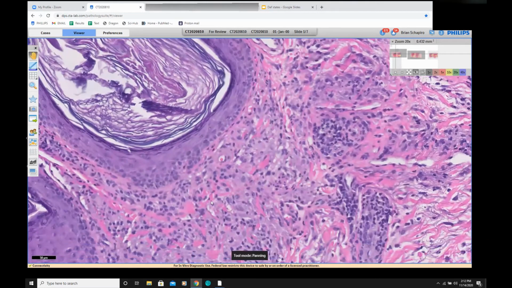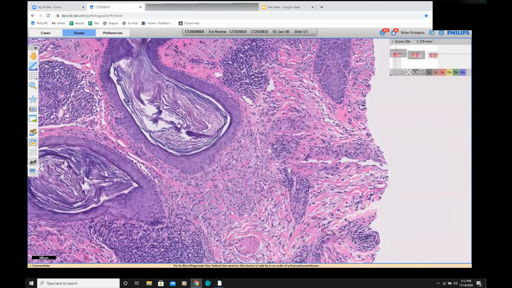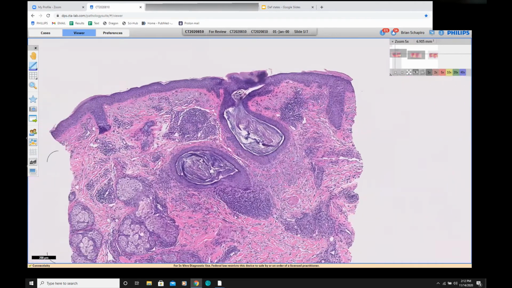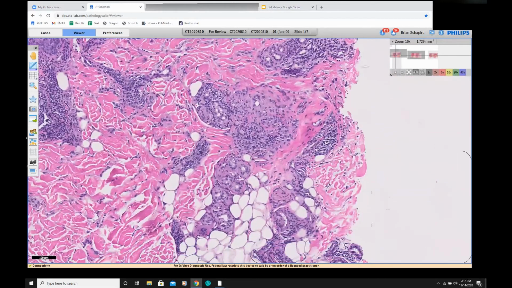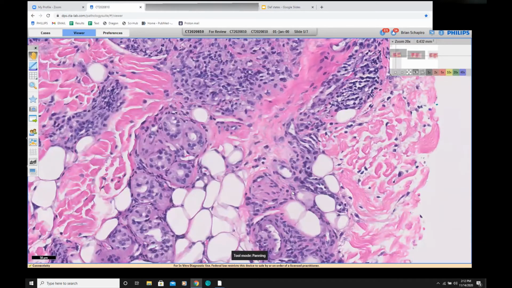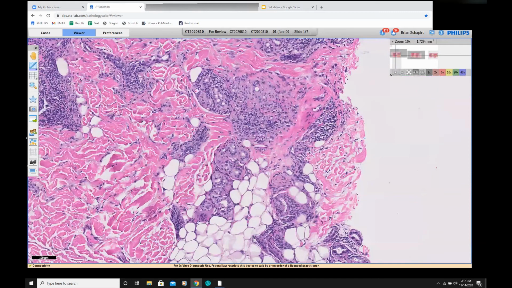And then we start looking around and you see there's a histiocytic component, these oval nuclei with distinct nucleoli and pink cytoplasm. And the infiltrate goes quite deep, goes around the adnexa. And here we have a nerve, and you can see the infiltrate is sniffing the nerves, and there's a plasma cell as well.